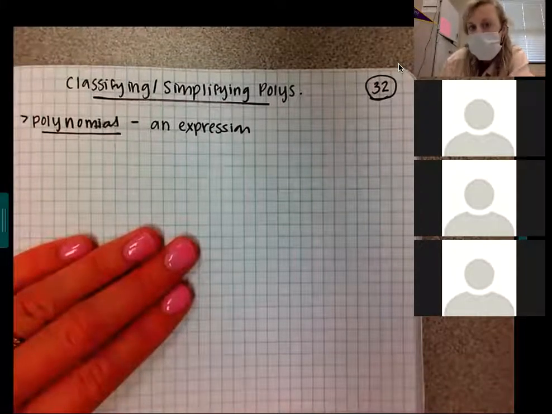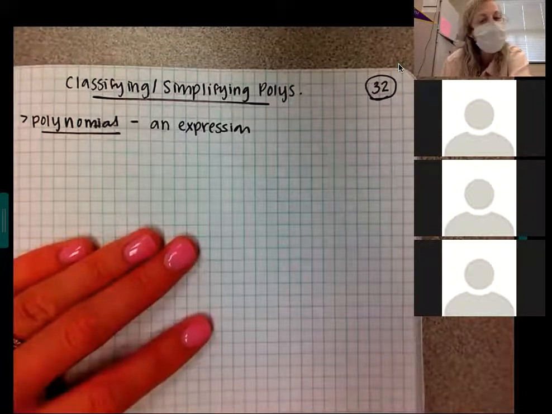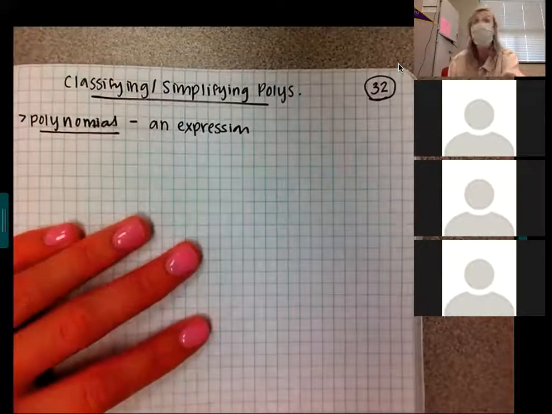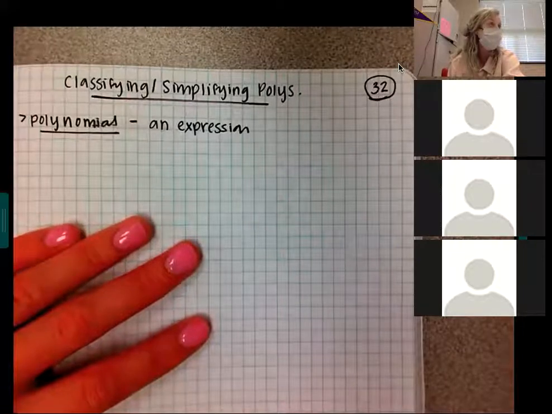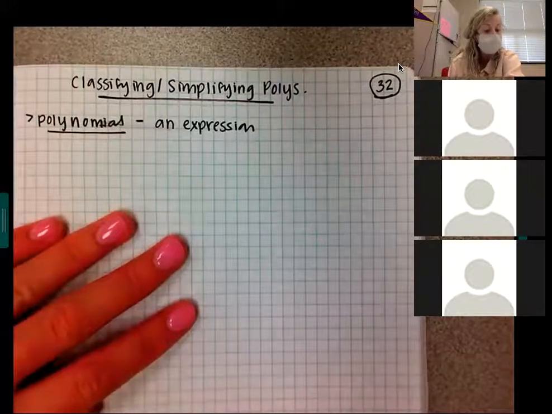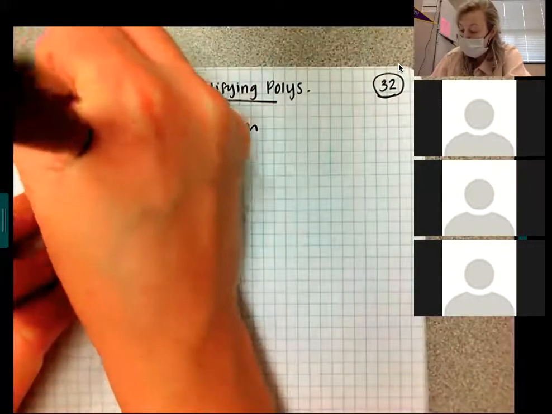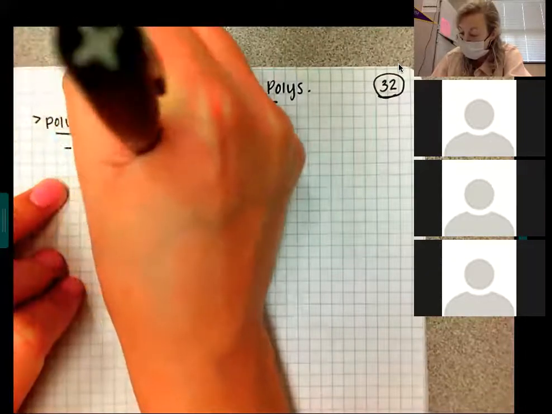Do y'all remember which one had the equal sign? An equation. There we go. So an expression does not have an equal sign, right? So a polynomial is just another name for an expression, which means it has no equal sign.